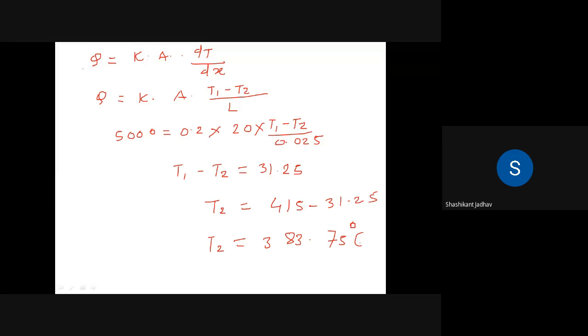Now we have to convert it into Kelvin. Then we get the answer, 656.75 Kelvin. Okay, so write down this. Those who are remaining, write down this.